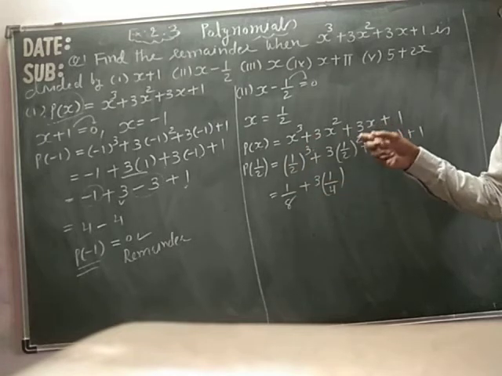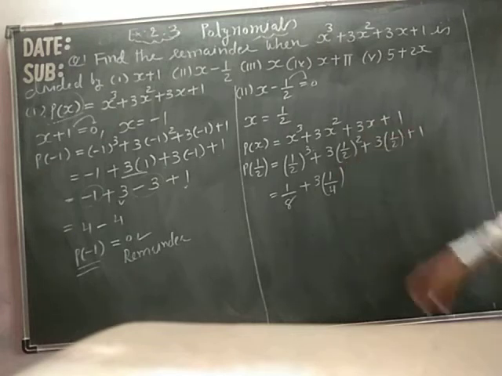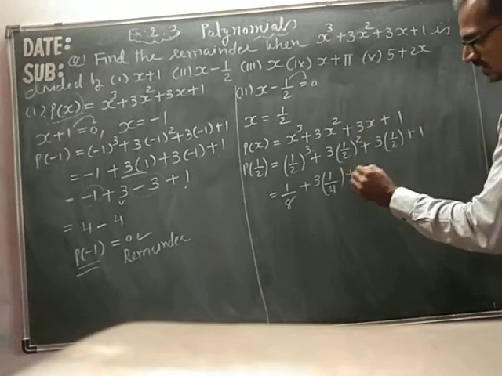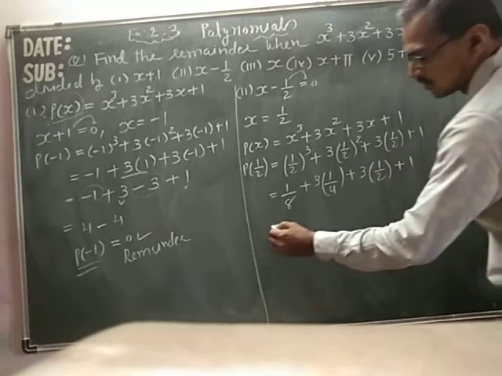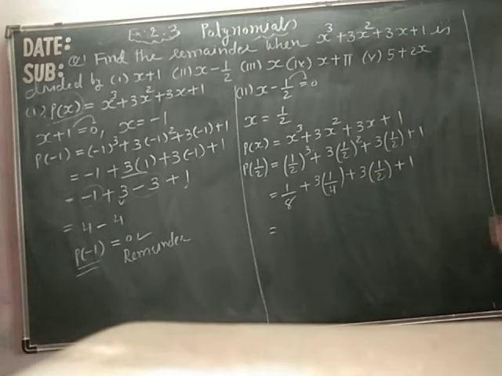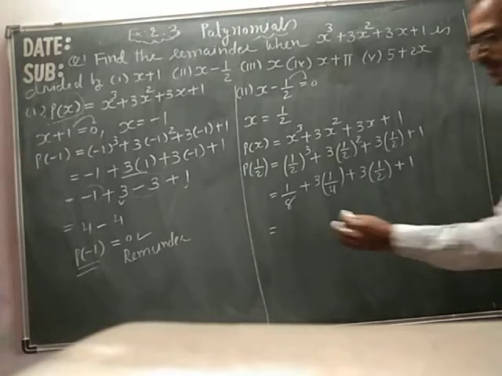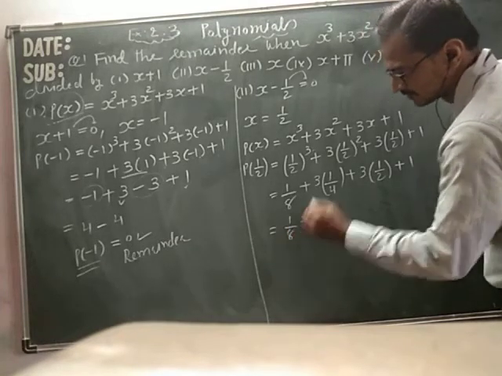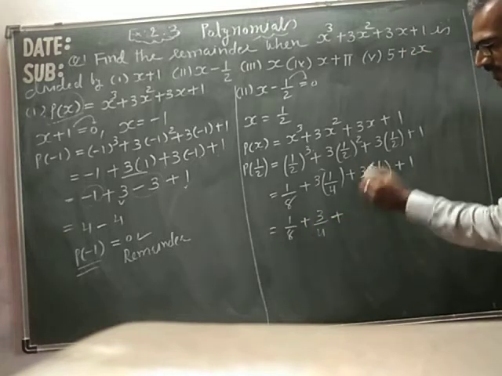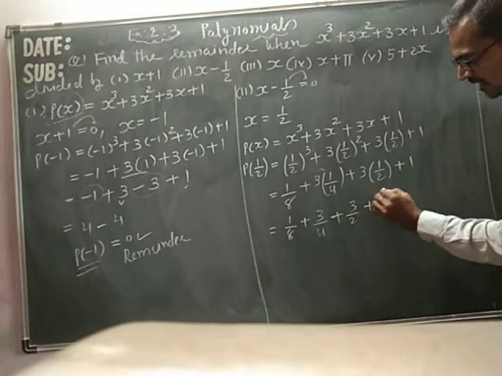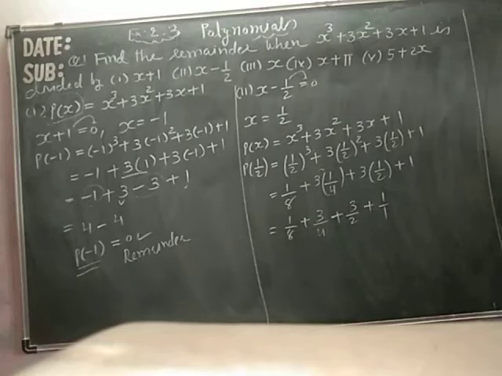Here we have square of 1 is 1 and square of 2 is 4. This 1 by 2 as it is. Now multiply. Whenever you multiply fractions, numerator multiplies with numerator, denominator with denominator. 3 ones are 3, 4 as it is. 3 ones are 3, 2, and for 1 we don't have a denominator, so we write 1.